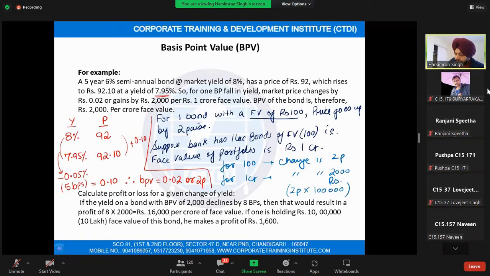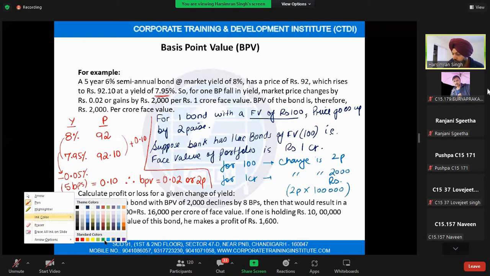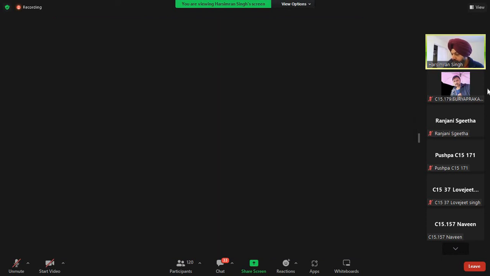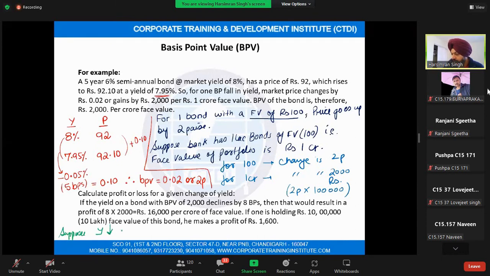Now, suppose the yield goes down by 8 basis points.